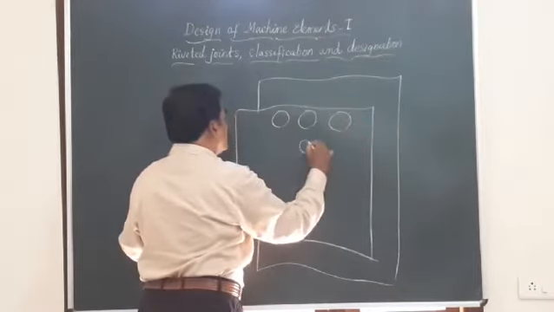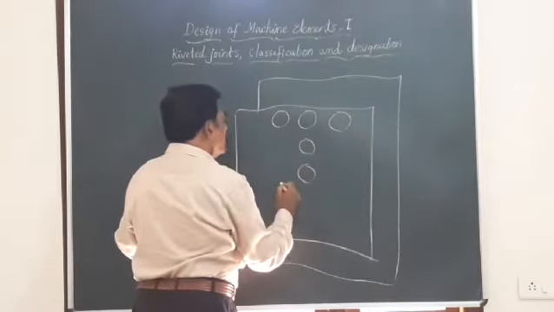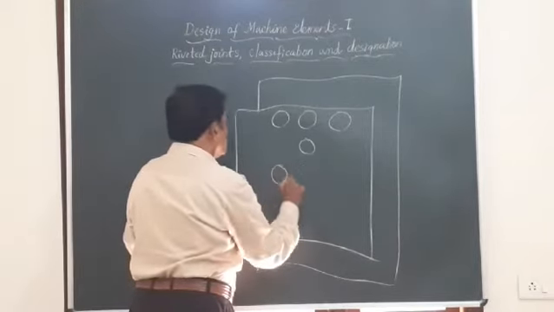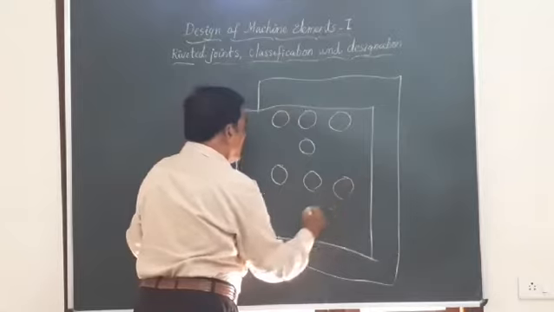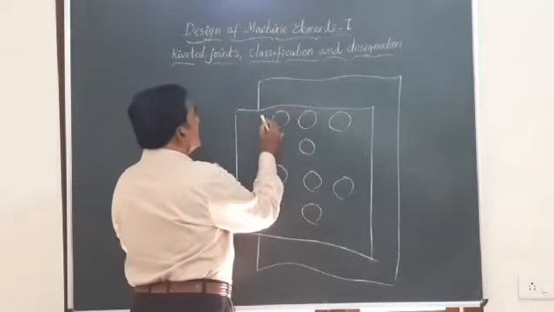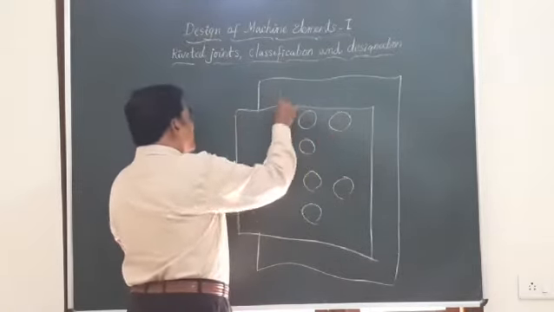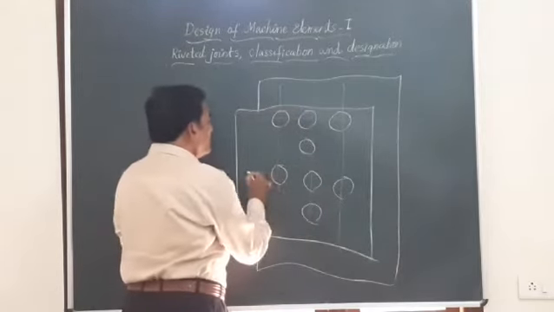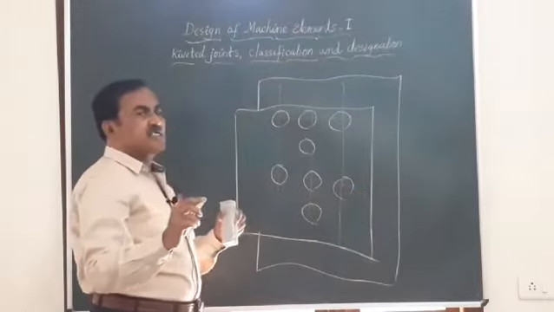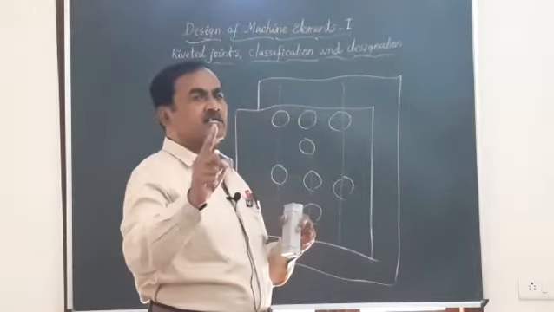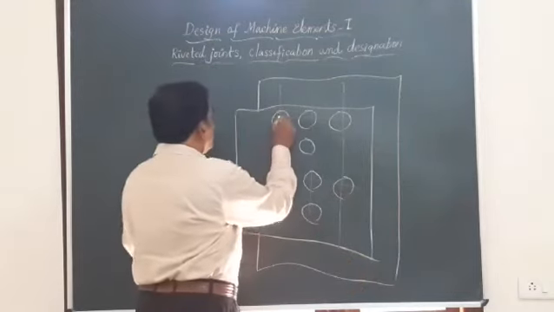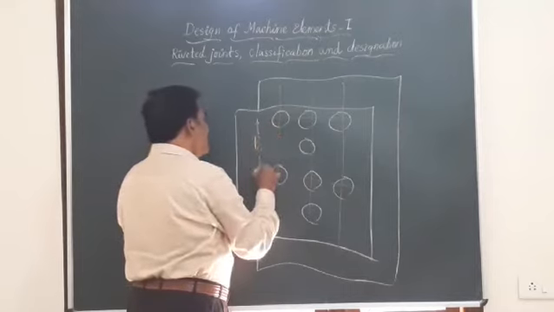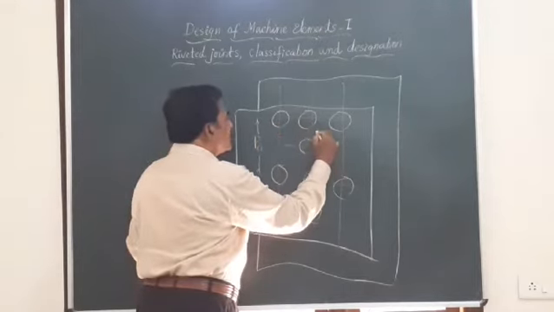There are 3 rows, and the rivets may be arranged like this, wherein friends you have got the 3 rows, 1, 2 and 3. Here if you observe the pitch, meaning the distance between any 2 adjacent rivets in a row, for example, here to here, we call this the pitch in the outer row, and that in the inner row which you call is PI.